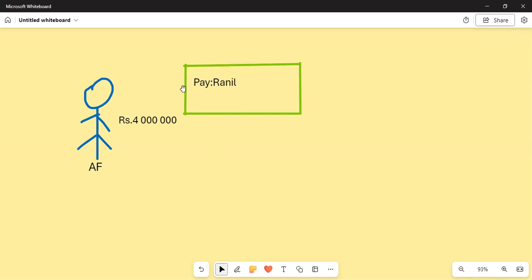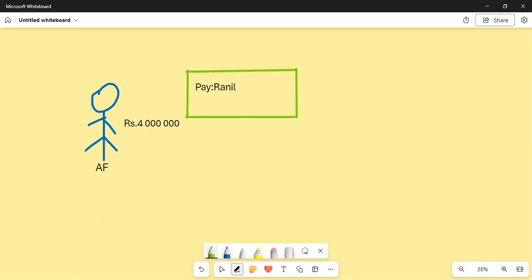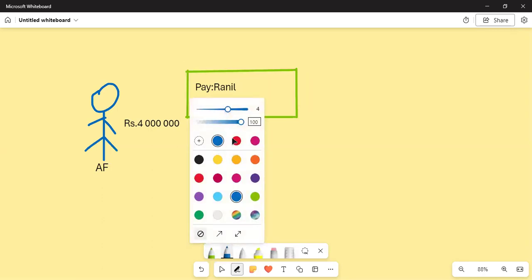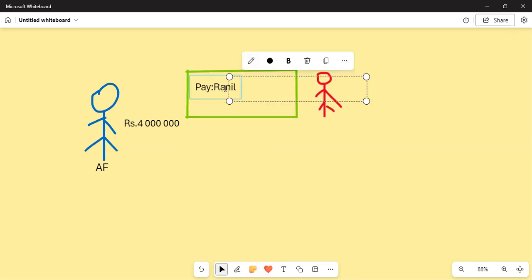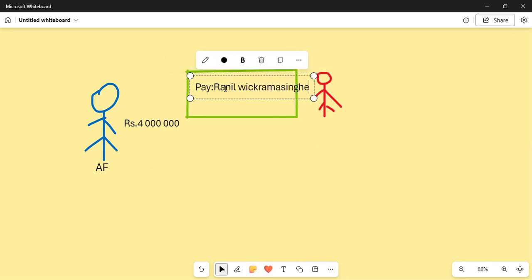Coming back to this, the payee is Ranil Wickramasinghe. Now Ranil Wickramasinghe is getting my 4 million, not 1 or 2 rupees, 4 million.